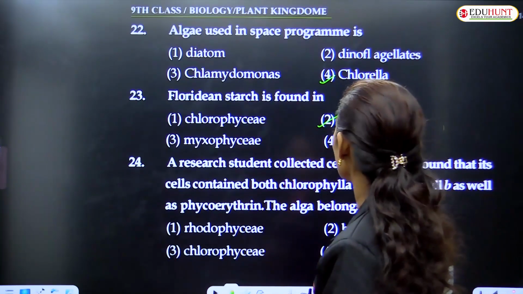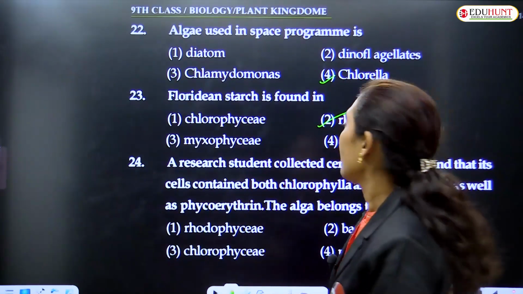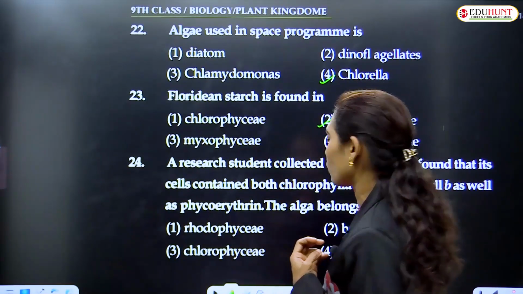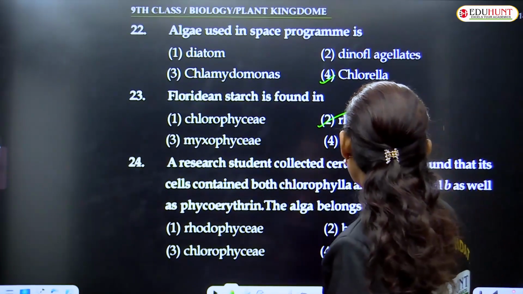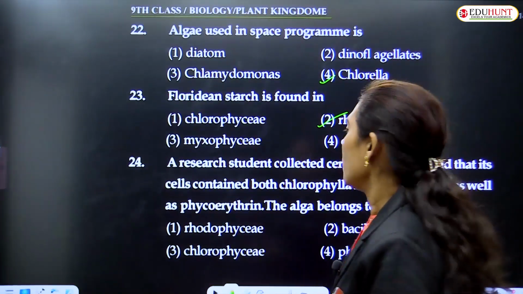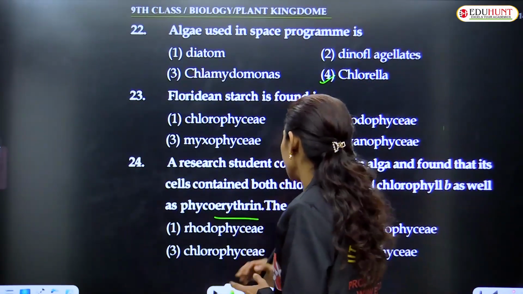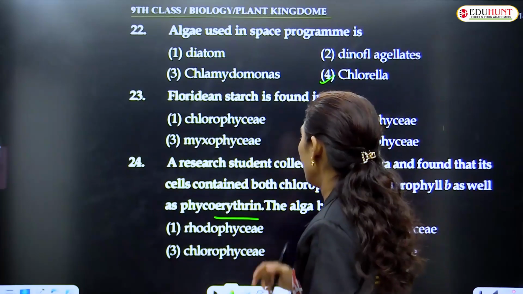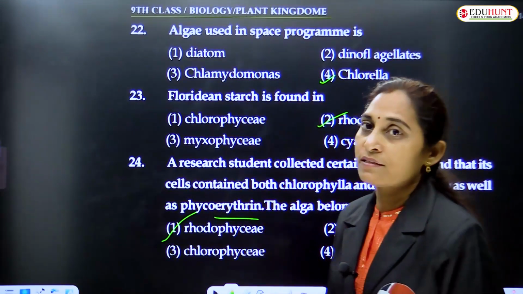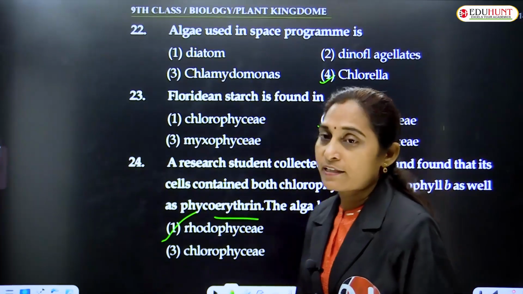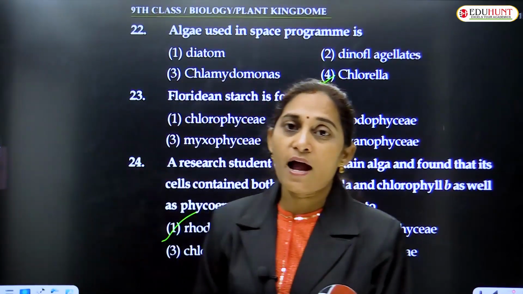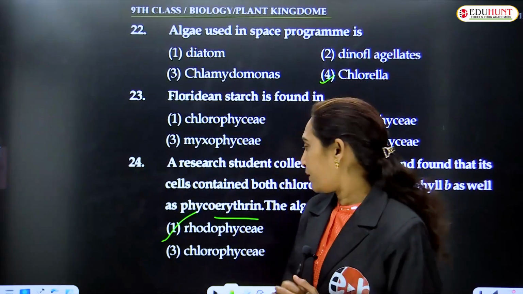A research student collected a certain alga and found that its cells contained both chlorophyll a and chlorophyll b as well as phycoerythrin. The alga might belong to Rhodophyceae because phycoerythrin is a red pigment that dominates in red algae, because of that they look red.